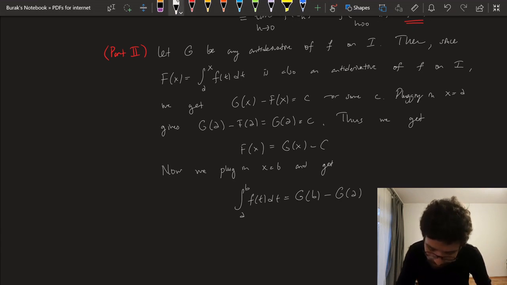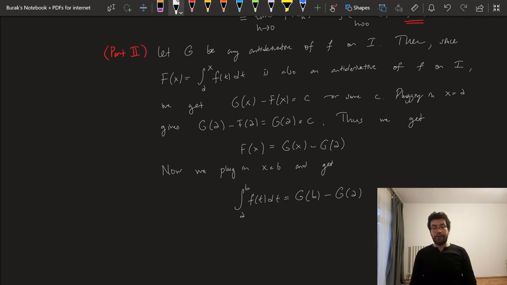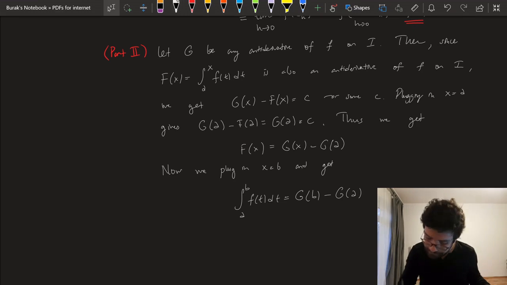So I get that the definite integral of f from a to b is G of b minus G of a, where G is an antiderivative for little f. Okay, and that's it. This is the proof of the fundamental theorem of calculus.